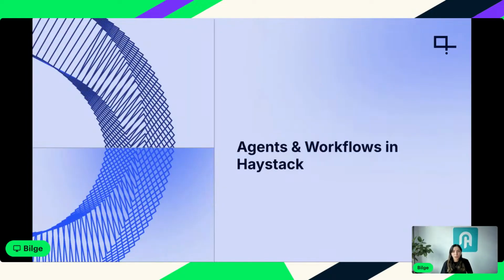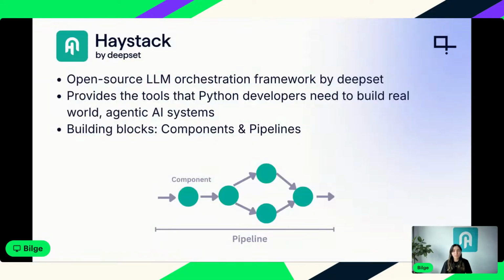All right, so let's talk about Haystack and how we can implement these systems with Haystack. Haystack is an open source LLM orchestration framework by deepset. And it provides the tools that Python developers need to build real-world agentic AI systems. The idea behind Haystack is components and pipelines.